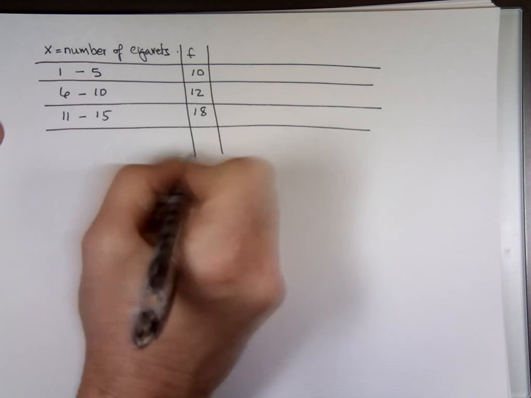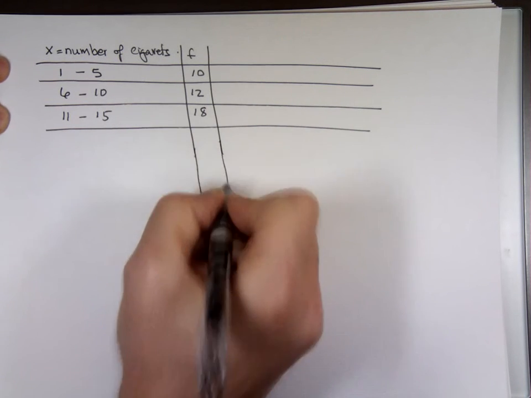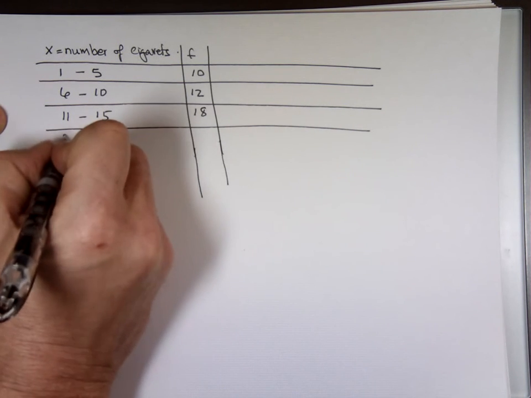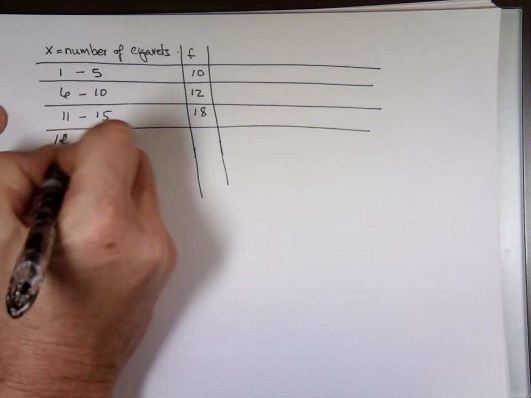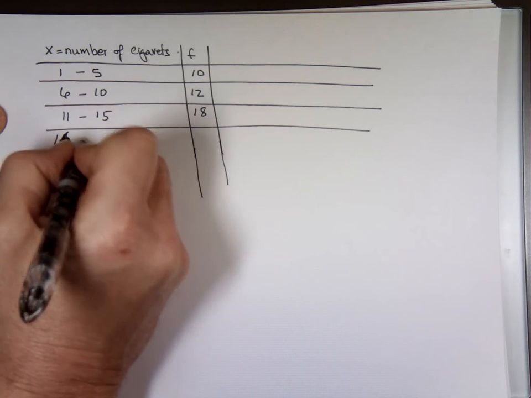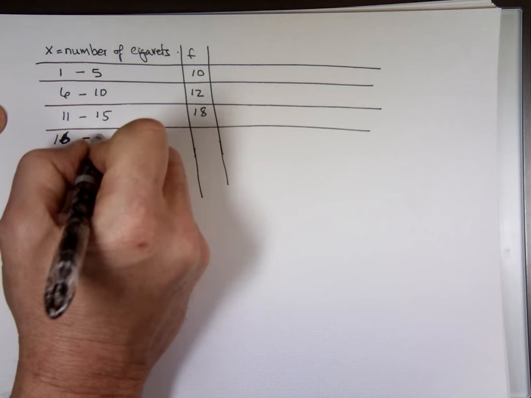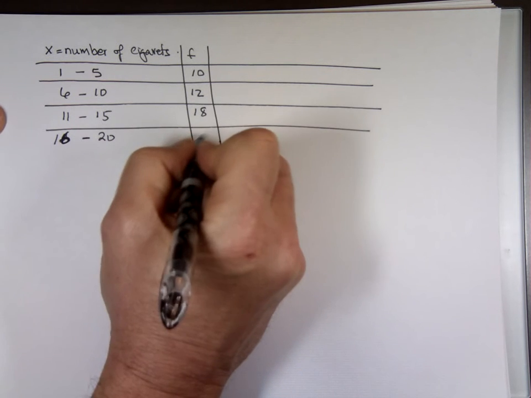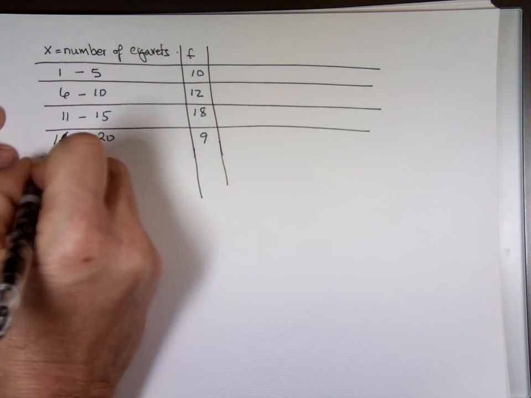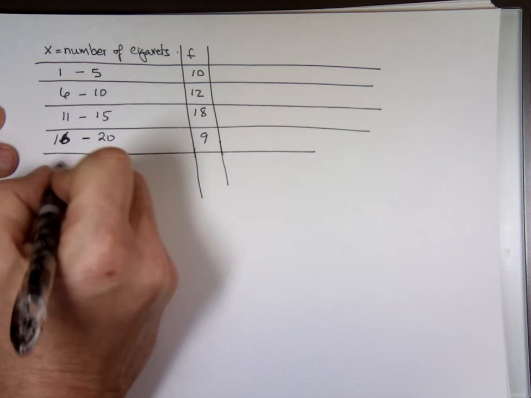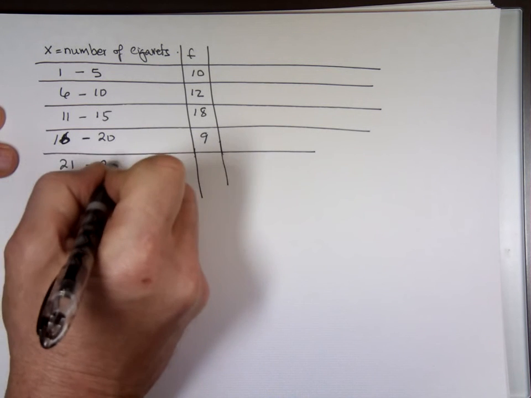I'll do a couple more lines here. 16 to 20, we got 9 people. 21 to 25, we got 4 people.